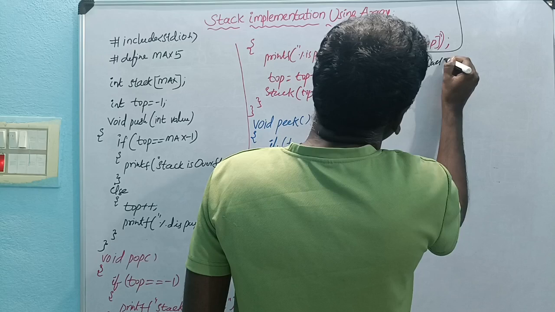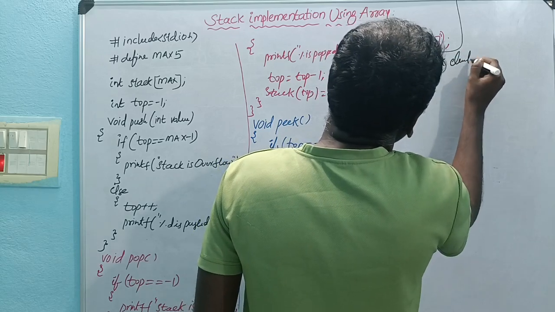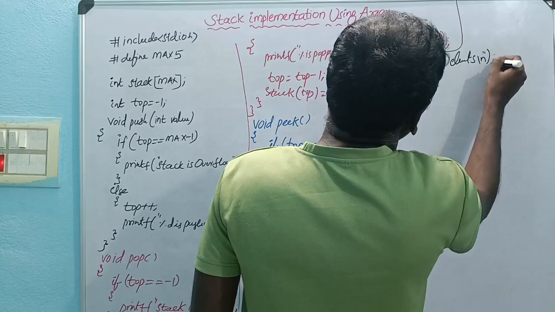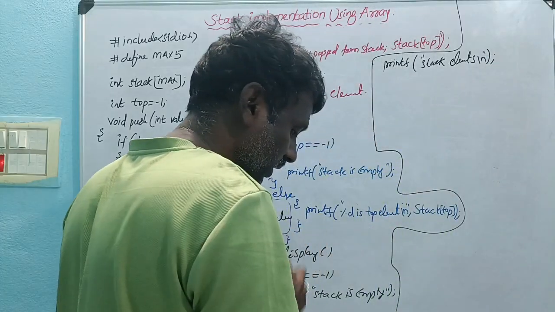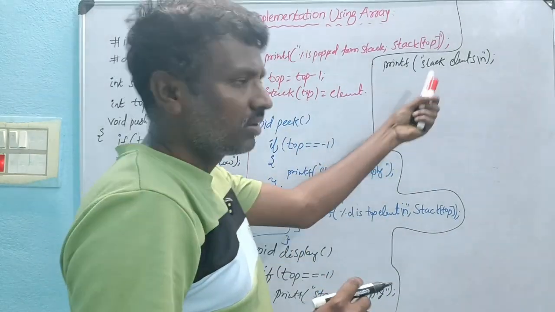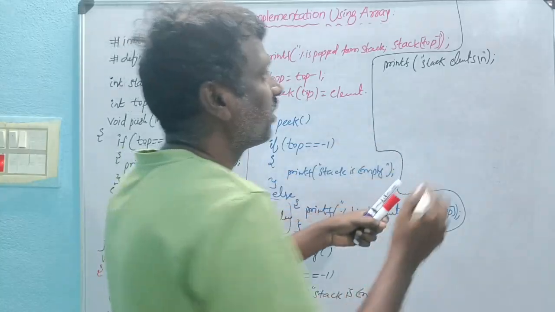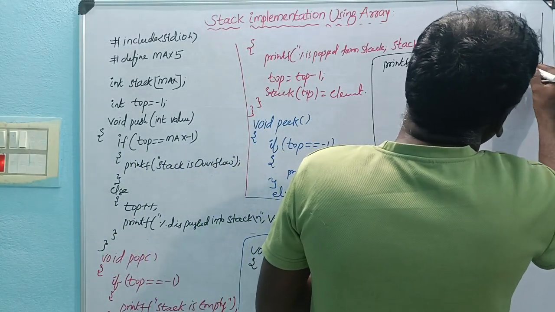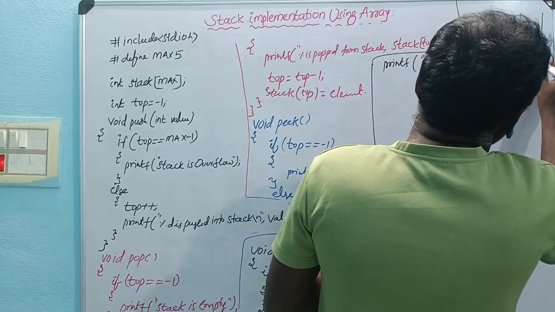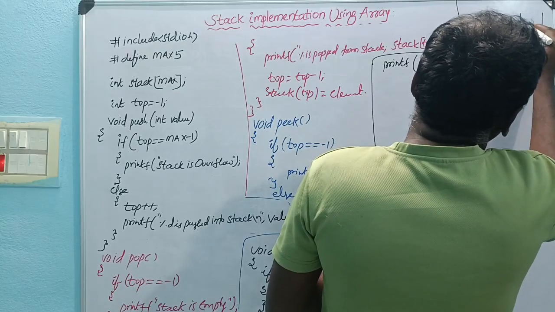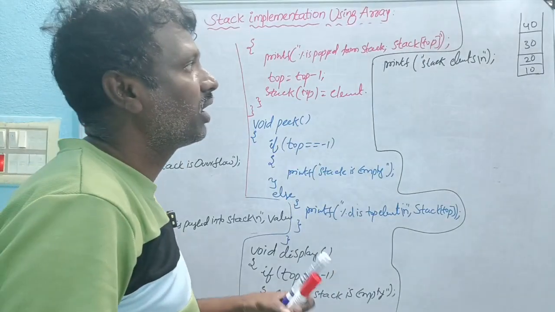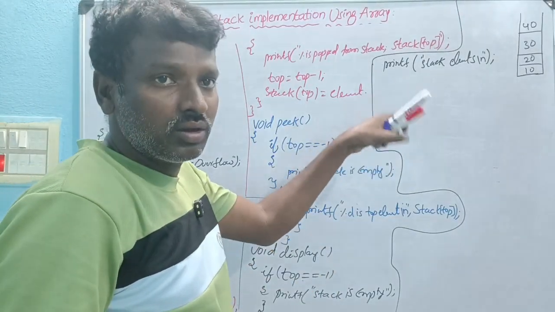"stack elements", printed one by one. If it has some elements, they will be displayed one by one. Observe your stack: 10 20 30 40. These are 4 elements, so I am displaying our stack one by one.